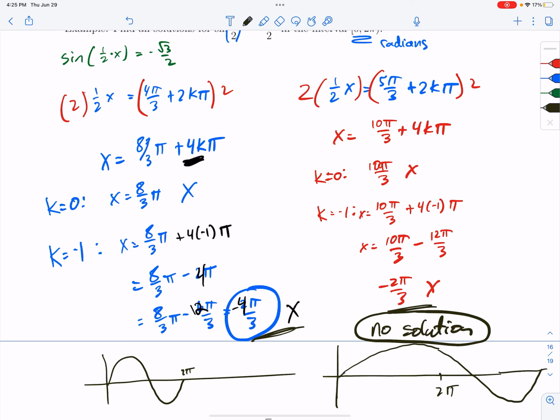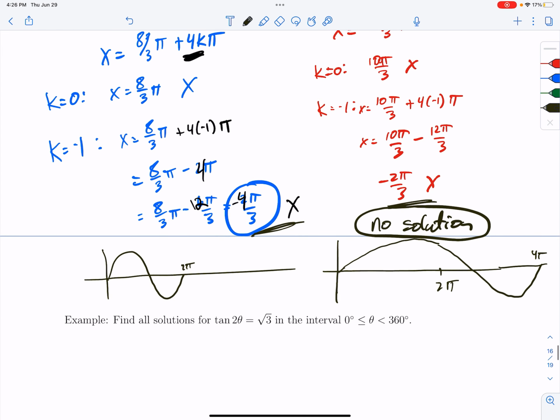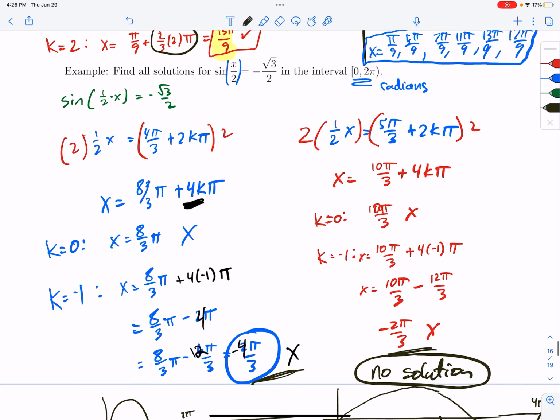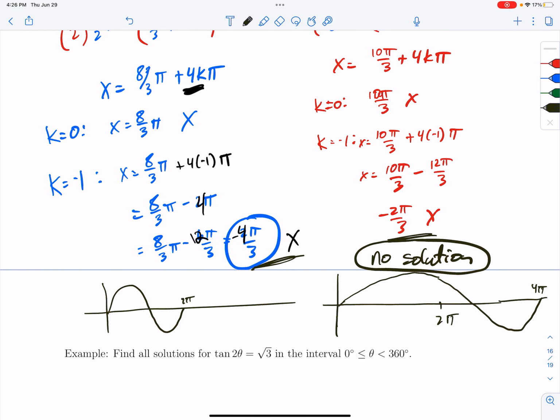It's not going to hit until, I think, 4 pi down here. Running out of space. Let's see. It's not going to hit till 4 pi. And so we want that to equal negative root 3 over 2. So we can see that in between 0 and 2 pi, that graph is never going to hit negative root 3 over 2. It's not going to hit it till over here. So that's why there is no solution on this one.